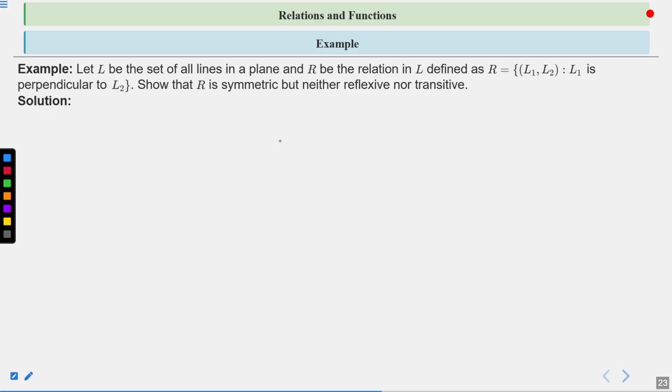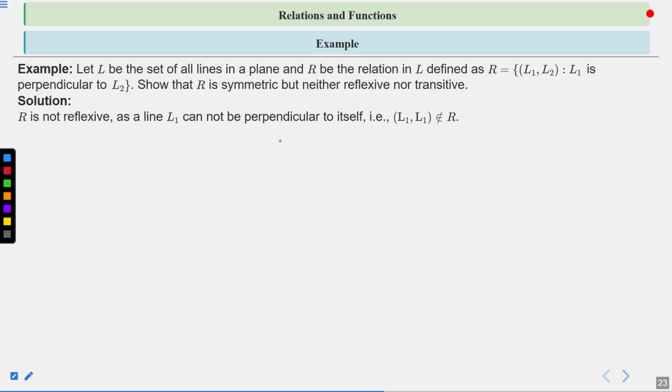Starting with the conditions. For reflexivity, always start with the reflexive property. What we have to show is that L1 comma L1 belongs to R. If it does, then it is reflexive. If it doesn't, it is not reflexive.